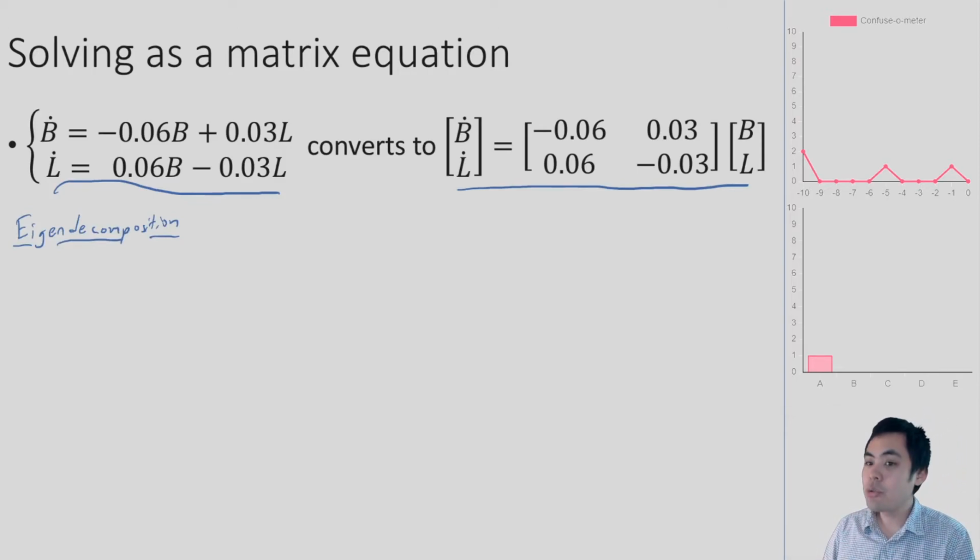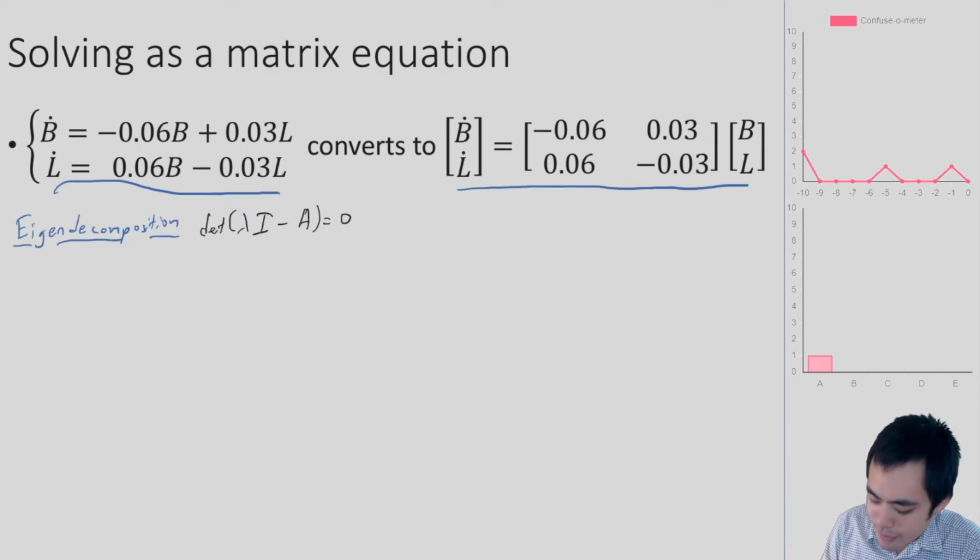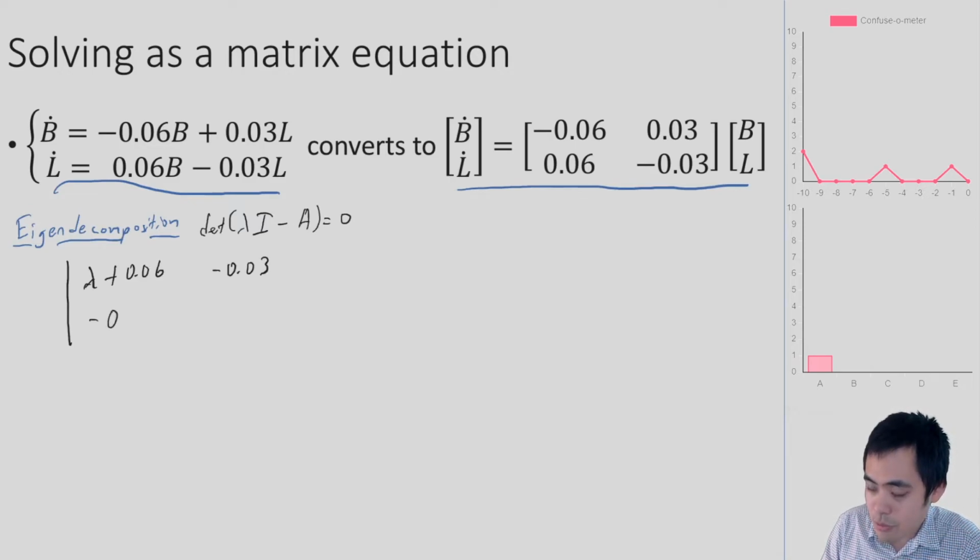So how do we solve for the eigendecomposition? Well, you take the determinant of lambda I minus the matrix, and set it equal to 0. So that gives us lambda plus 0.06, minus 0.03, minus 0.06, and lambda plus 0.03, and we know that that's equal to 0.